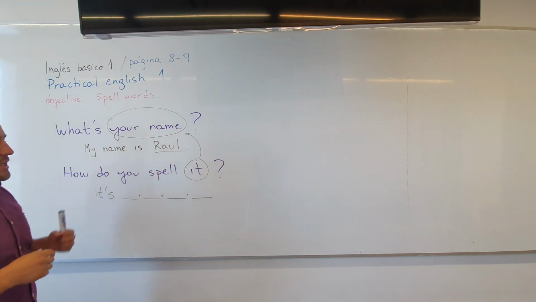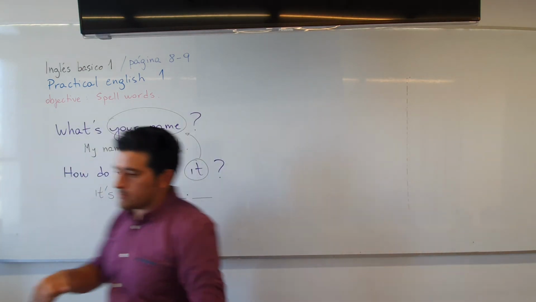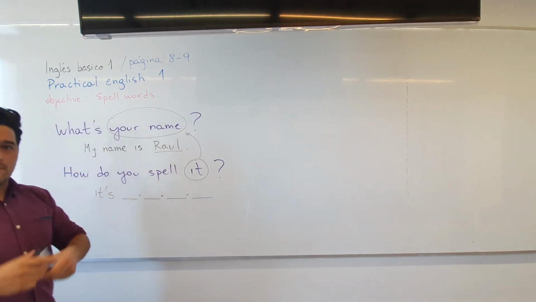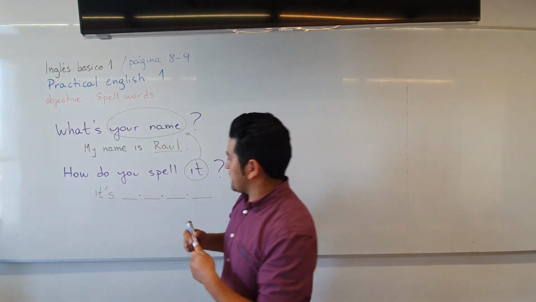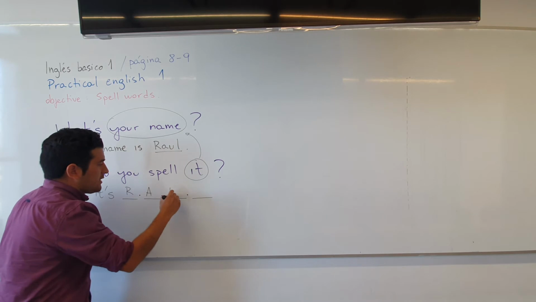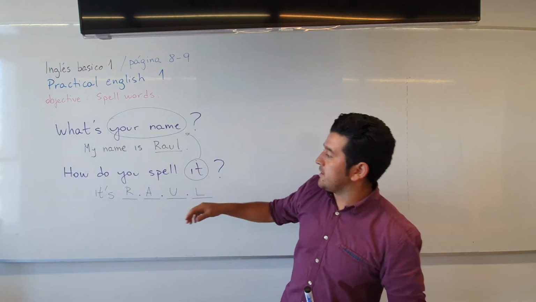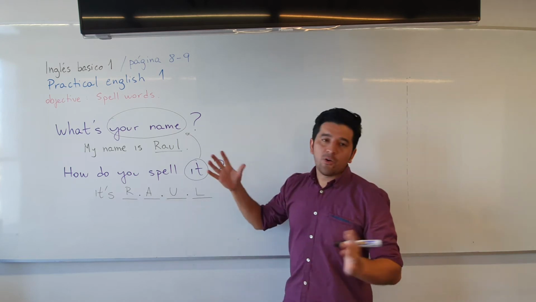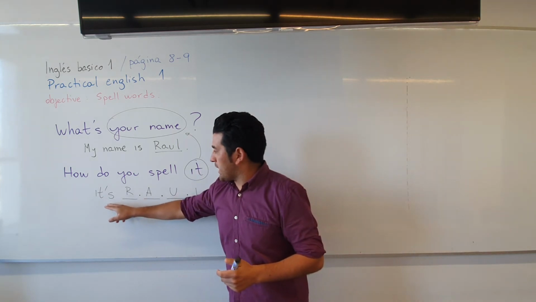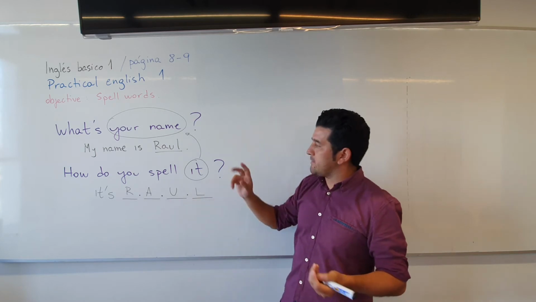So in this case, what's your name? My name is Raúl. How do you spell it? It's R-A-U-L. Raúl. Okay, so you see. So you say it's R-A-U-L. Okay?